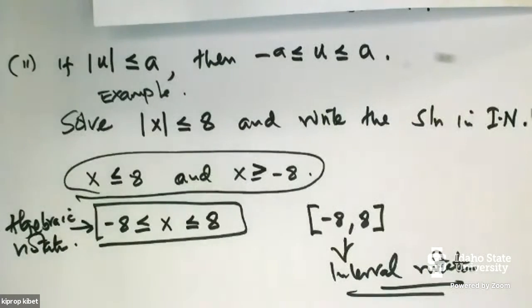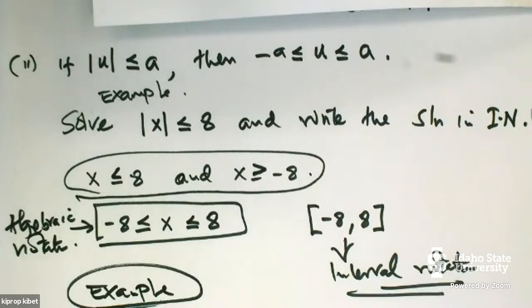Now, if you have the absolute value of x minus 4 less than or equal to minus 1, is there a solution?